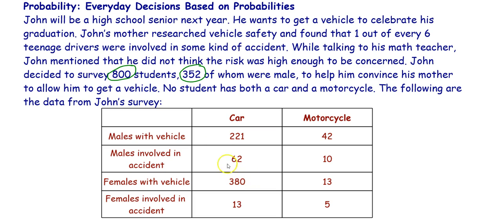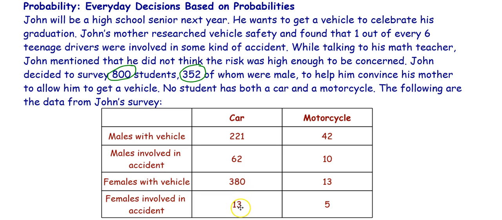Now we have a chart here which says males with vehicle. 221 male students are having cars and 42 male students are having motorcycles. Out of those 221 students, 62 students were involved in car accidents, and out of 42 motorcycle owners, 10 students were involved in accidents. And for females, 380 students are having cars.